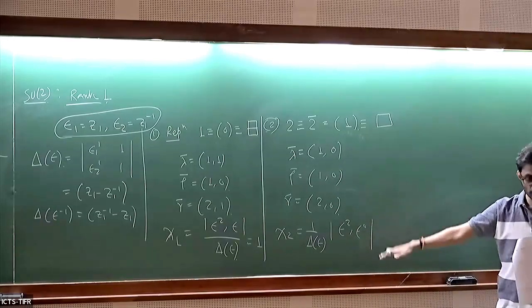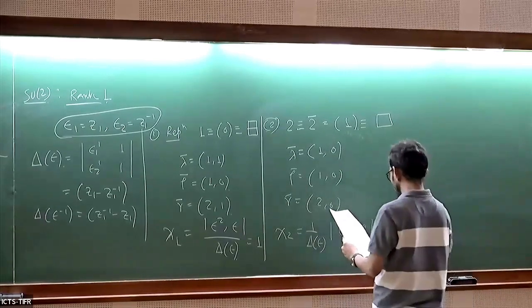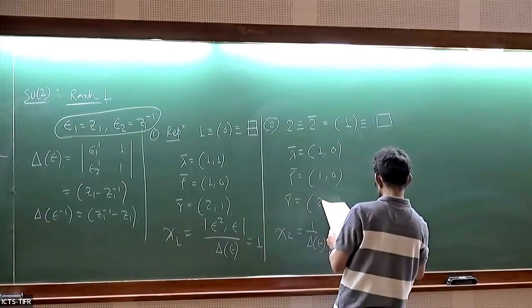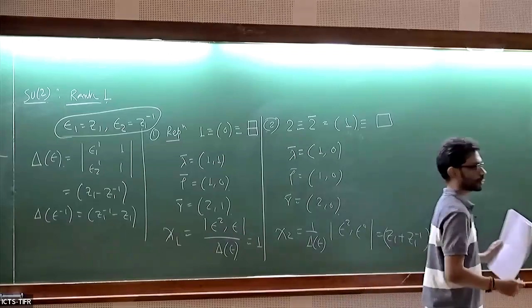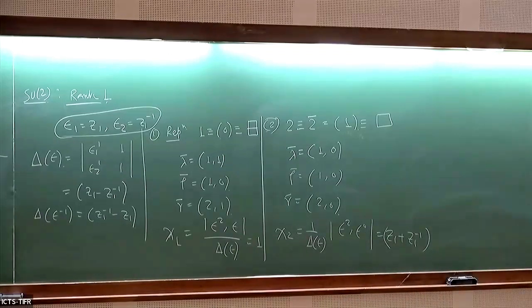Okay. Now if I do this thing, what I'll find out is basically z1 plus z1 inverse. This is just calculating determinant, not even a high school algebra, so I am not doing that thing.